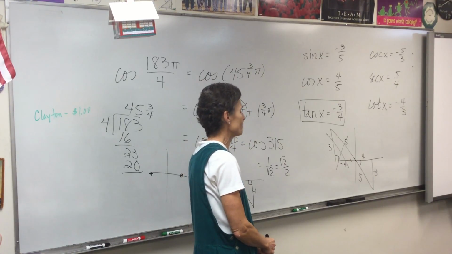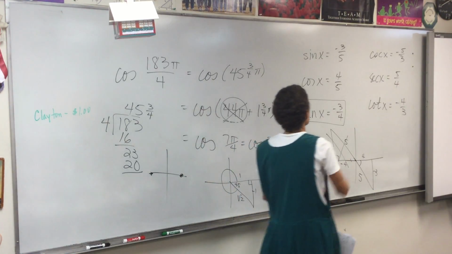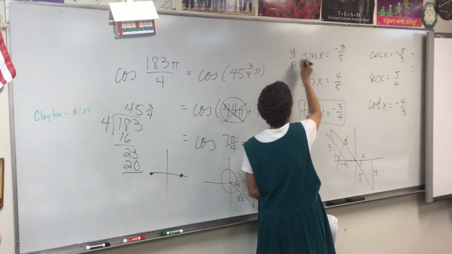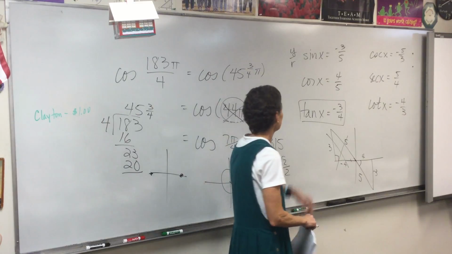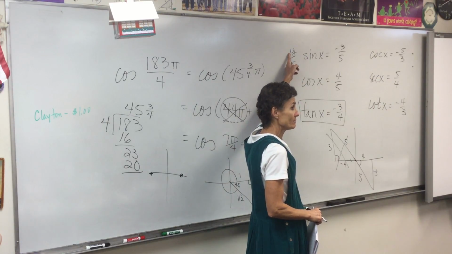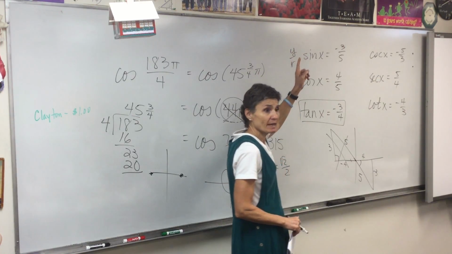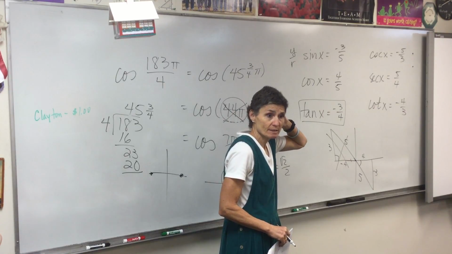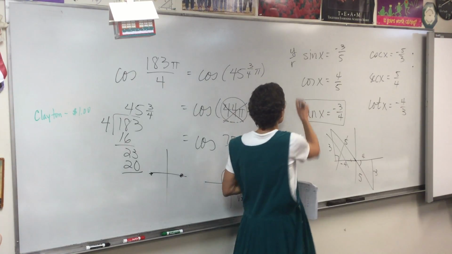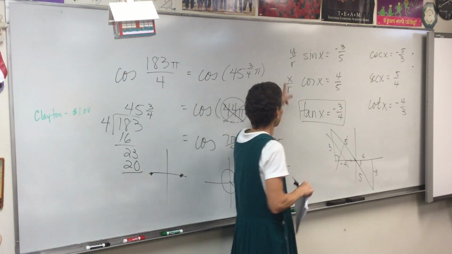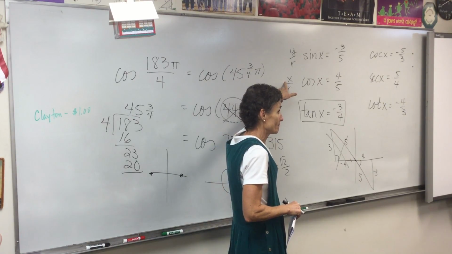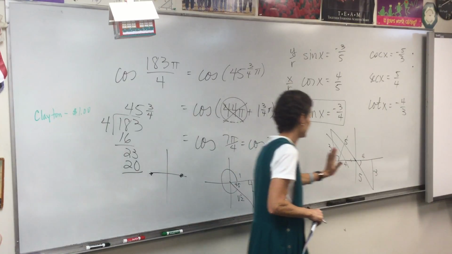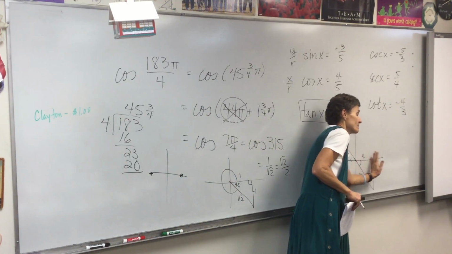But as you think about them, remember your definitions. Sine is y over r. Sine is going to be positive whenever y is positive, and it's going to be negative whenever y is negative. Same thing with cosine, only you don't look at y, you look at x for cosine. So if you want cosine to be positive, it's over here, where x is positive.